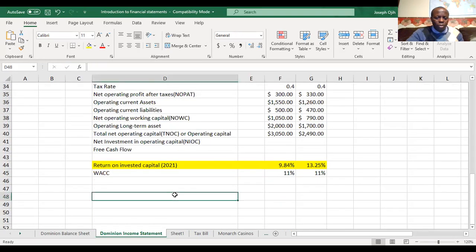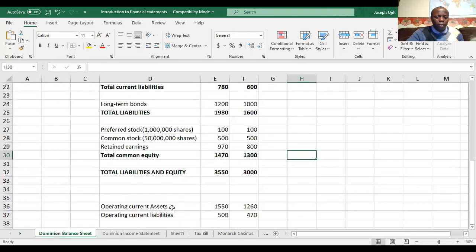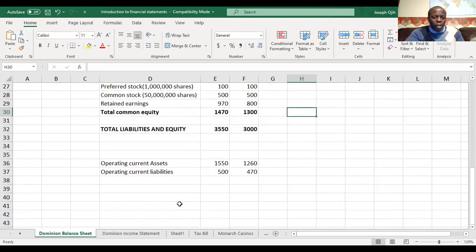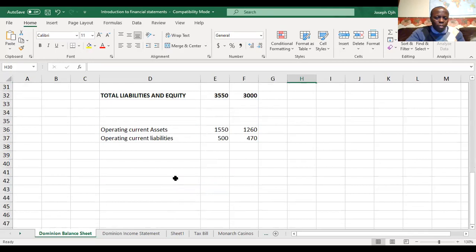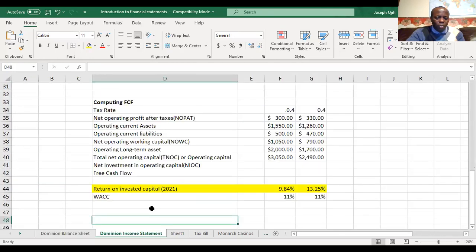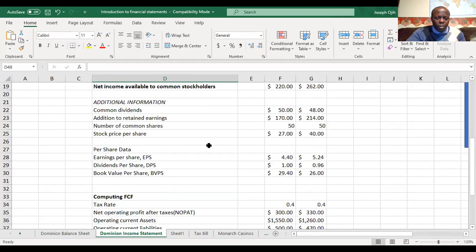First of all, let us put the share price. I think we better do it on the balance sheet. The share price I'm going to copy from the income statement. Stock price per share is this.